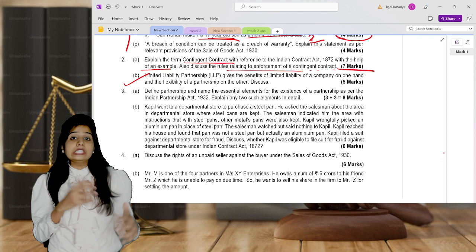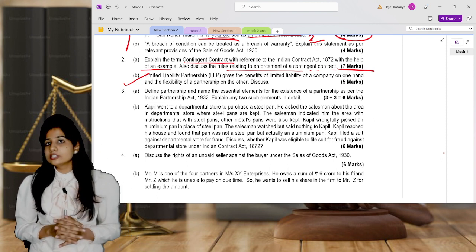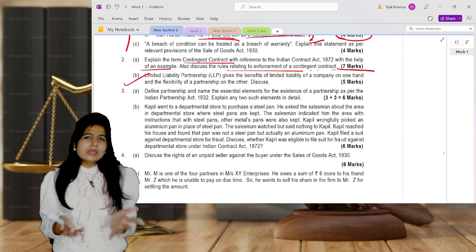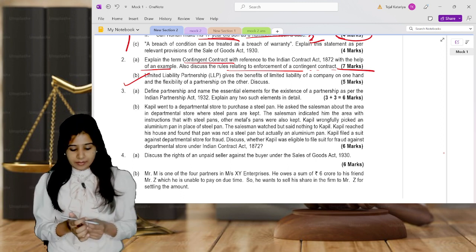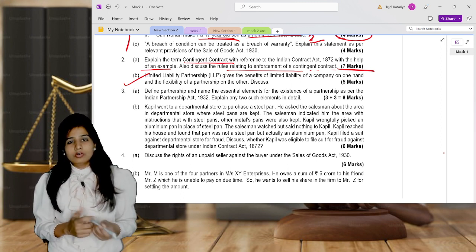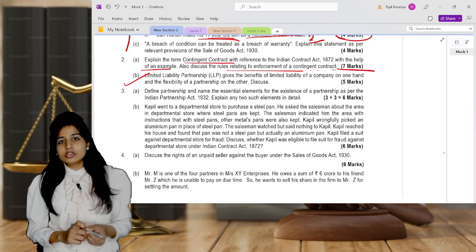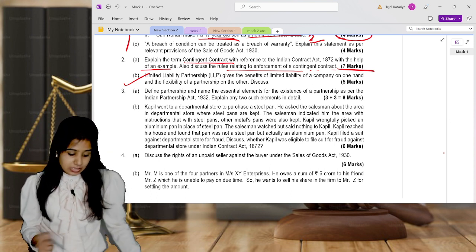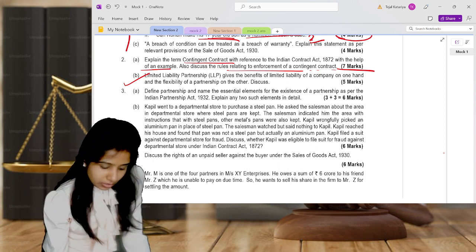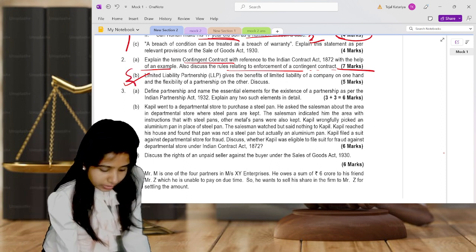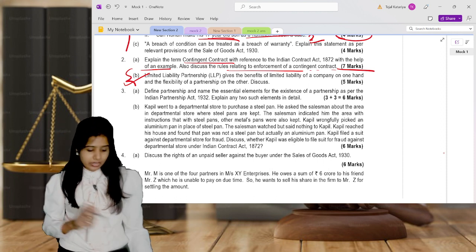Many new provisions have been inserted in your syllabus, so this time they may ask about amendments, as last time also they had an amendment. But only one question is supposed to come in your exam on LLP, and you may get this question.